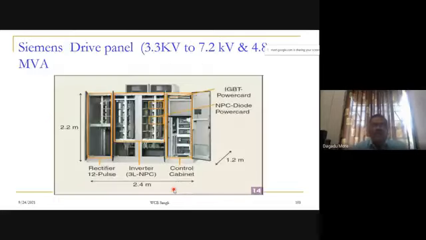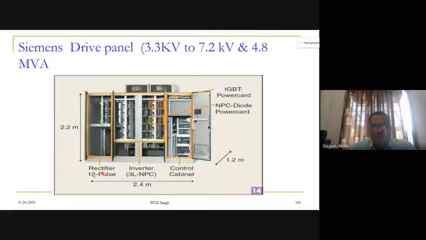Now this is the panel we have shown here. It is from a photograph in a manual or data book of this Siemens drive panel. The voltage is 3.3 kV to 7.2 kV, and the capacity is 4.8 MVA.